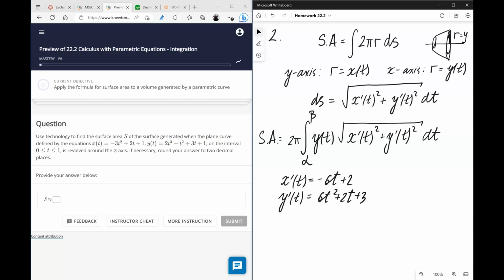And nowhere it says I have to do it by hand. So I'm literally going to input into the calculator the following.